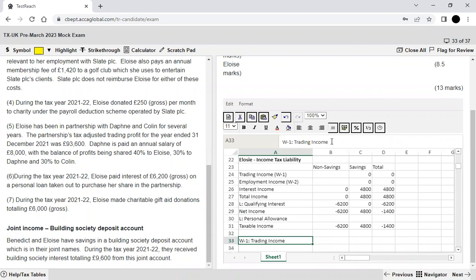What will be the trading income? The trading income related information is given in point number 5.